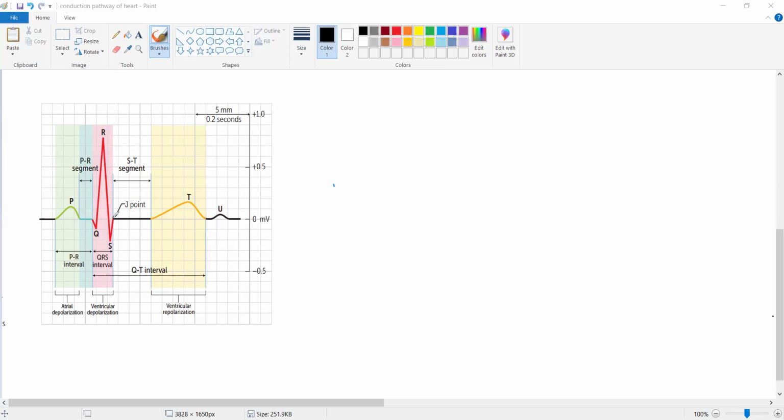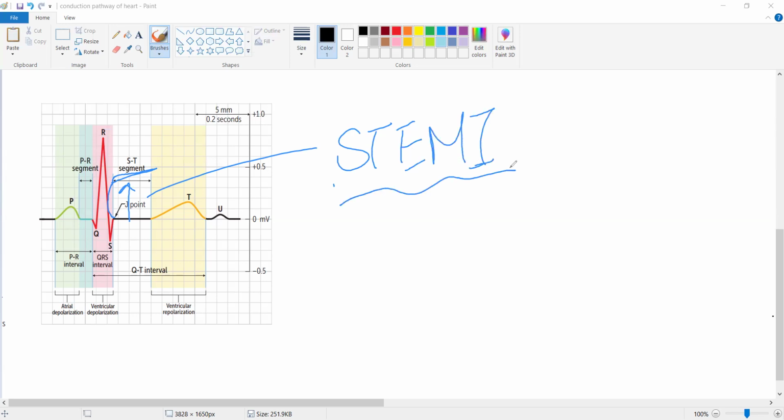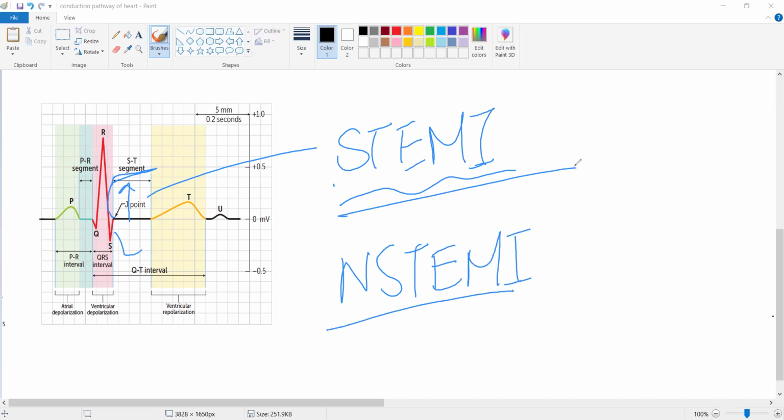If it is elevated like this, it is ST segment elevation myocardial infarction, STEMI. And when it is depressed, it means non-ST segment elevation myocardial infarction. Right?